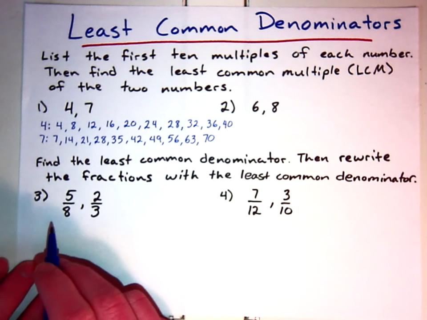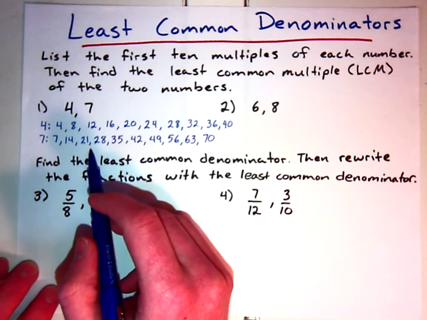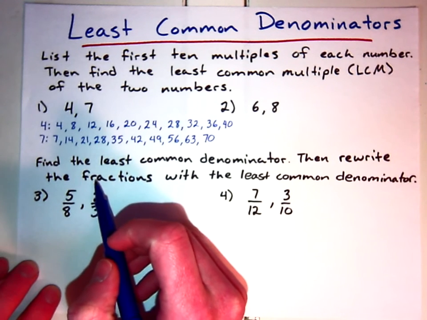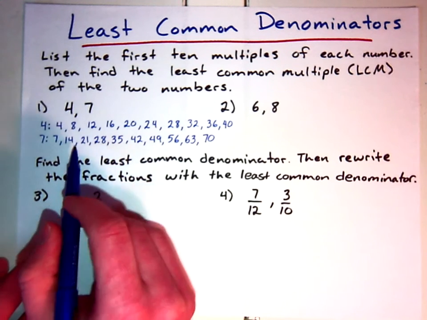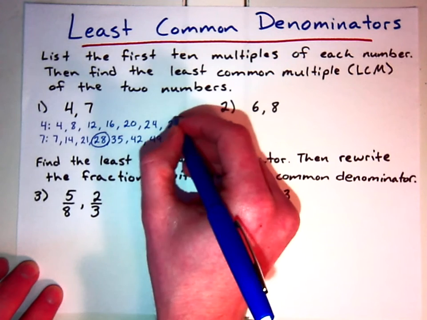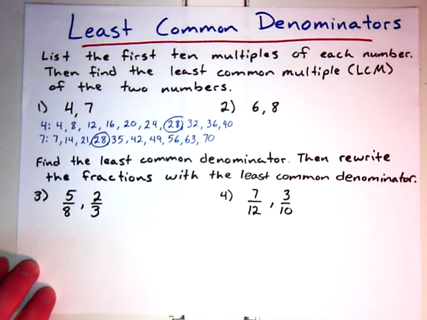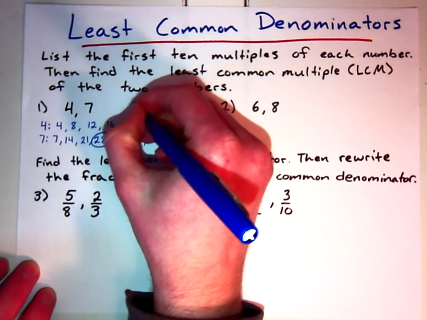So to find the LCM, we need to ask, what's the first multiple that they have in common? The first one I see is 28. So our LCM is 28.